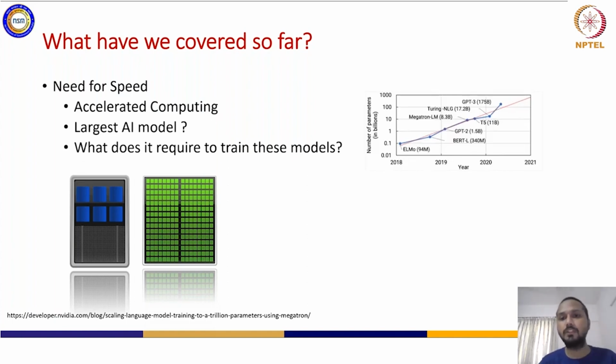You can see here from 2018 till 2021 on the x-axis. What you see on the y-axis is the number of parameters required to train that model, in billions. So today, if you are talking about models in the space of speech, you can see GPT.